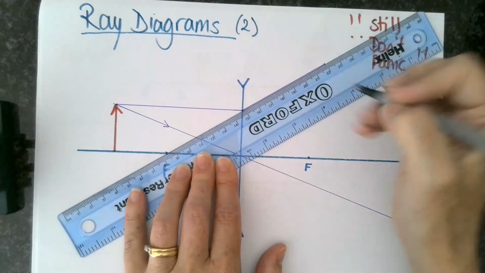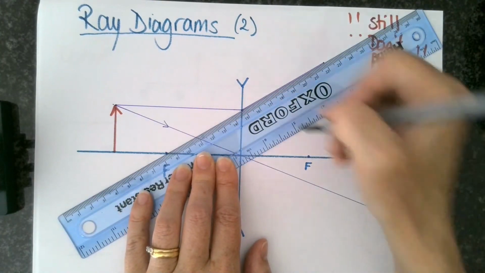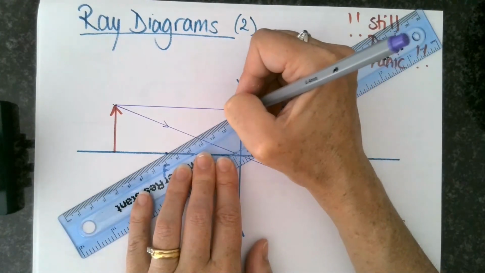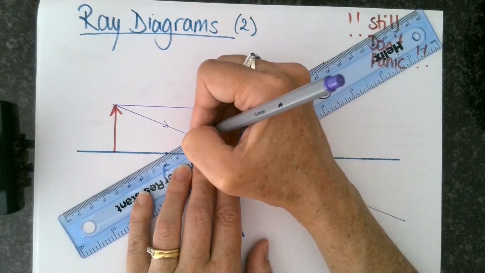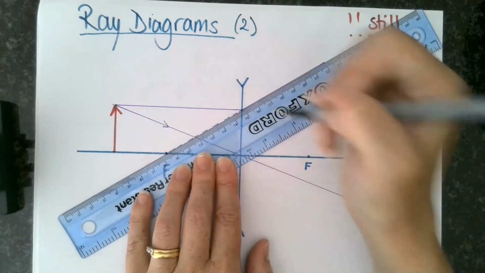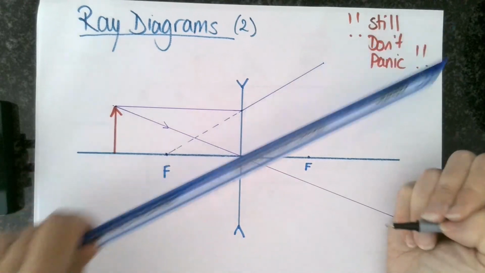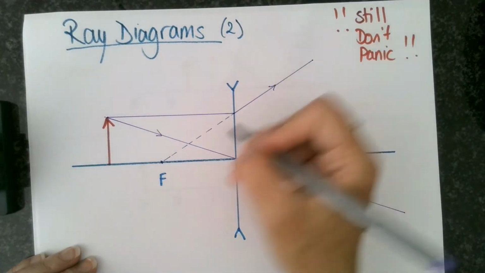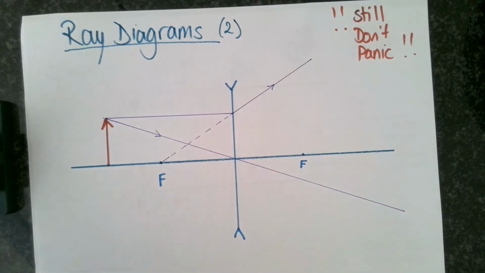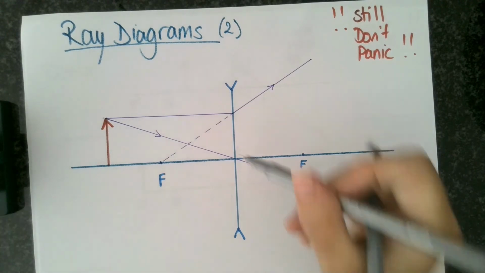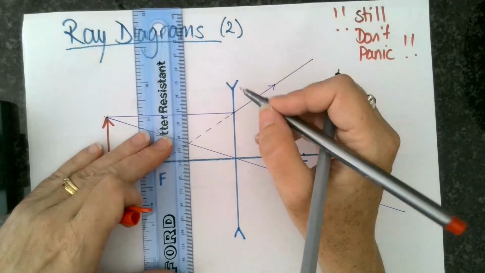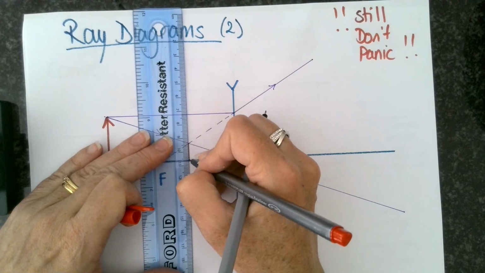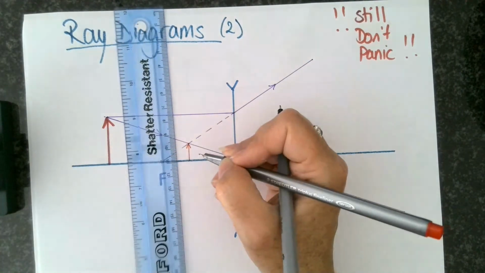Now that ray doesn't meet this one. So again, we extend it back, or extrapolate it back. That's the real scientific way of saying it. Okay, with our virtual ray, and we get a point where our virtual ray and our real ray meet, and that is where our image is formed.